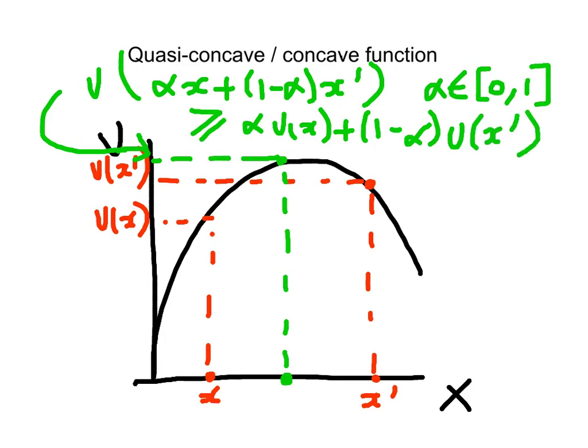And that value is going to be somewhere between u of x and u of x prime, and since I've picked alpha equal to 0.5, I am here, this point here.